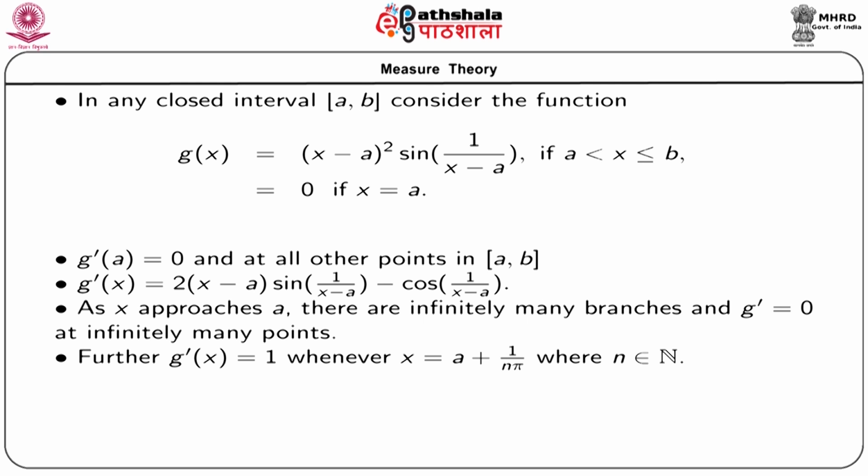Further, whenever we take the points a plus 1 by n pi for any positive integer n, we get g'(x) equal to 1. So, this shows that g' is not continuous at the point a.